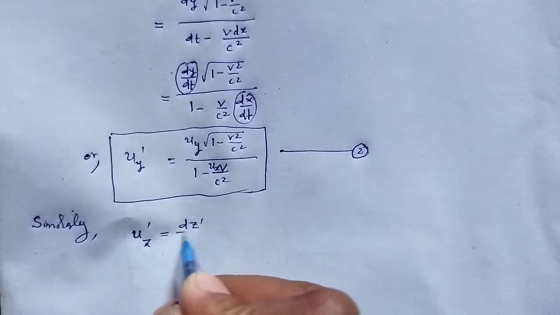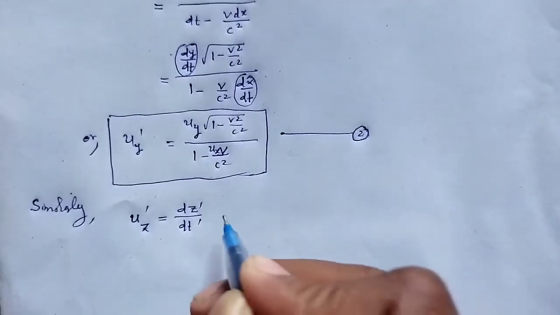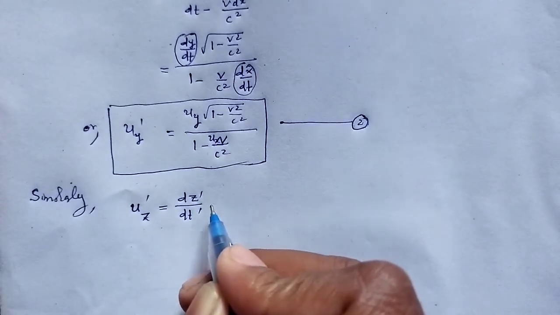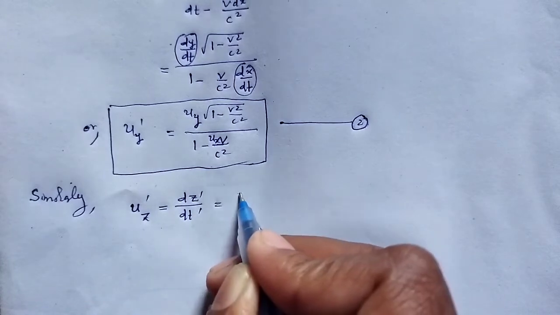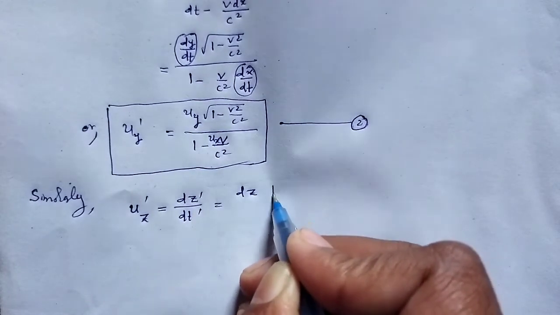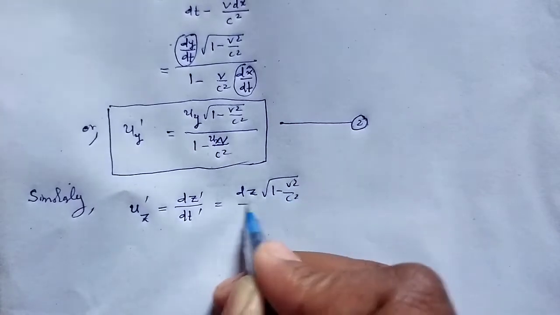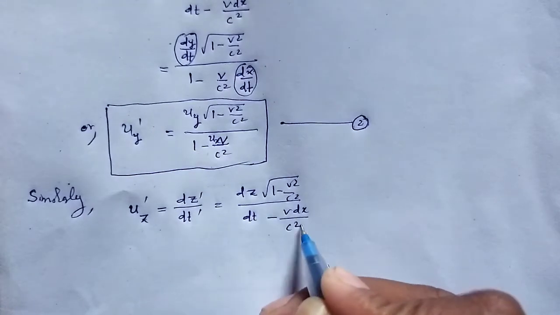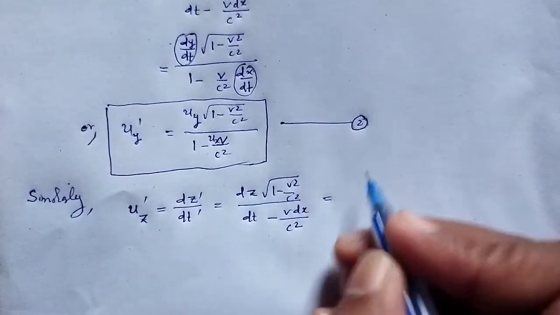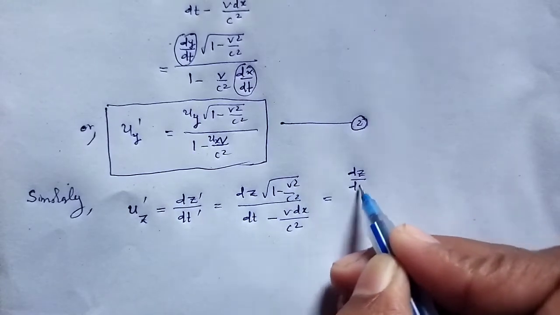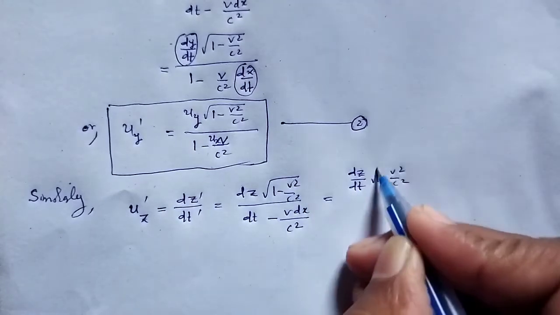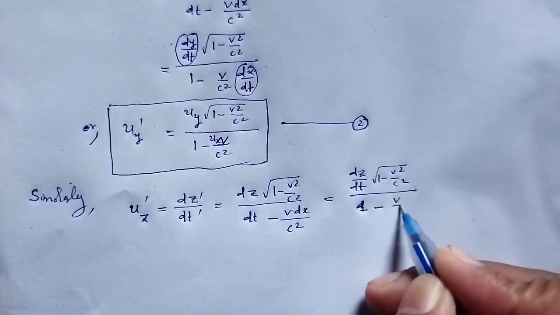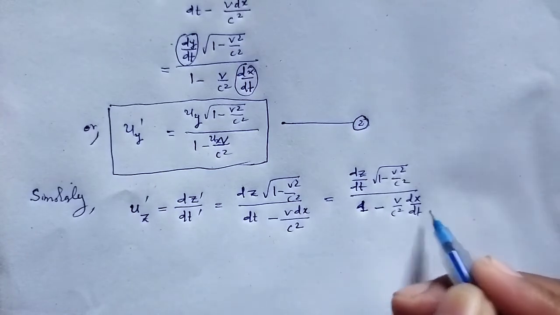that is dz dash by dt dash. We can use, that is dz square root of 1 minus v square by c square divided by dt minus v dx divided by c square. Again dividing dt on numerator and denominator, dz by dt square root of 1 minus v square by c square divided by 1 minus v by c square dx by dt.